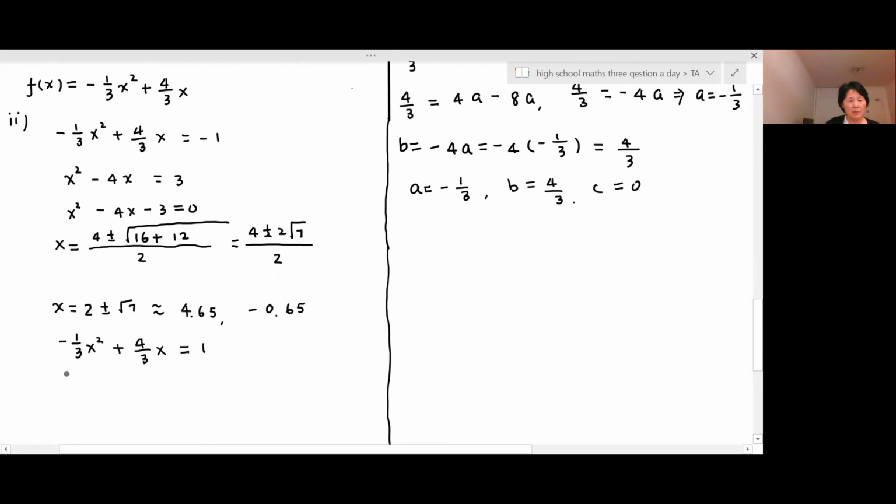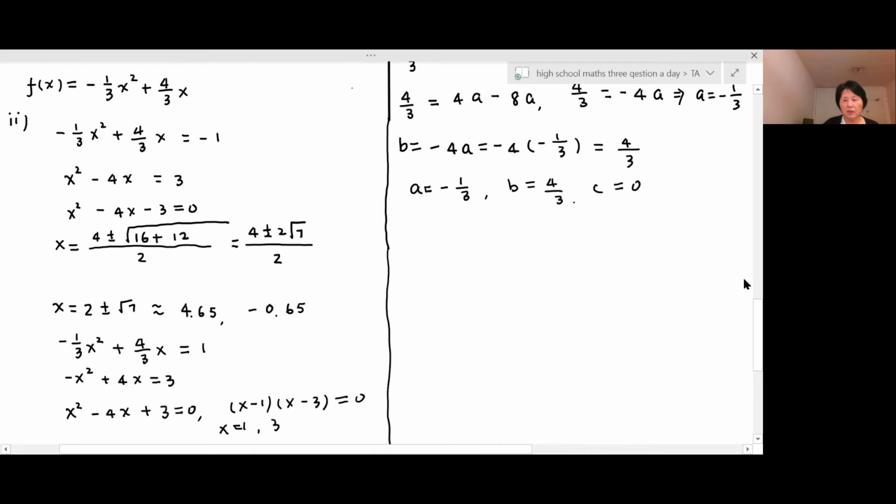So I multiply by 3: minus x squared plus 4x equal to 3. I just move everything to the right hand side. So this will give me x squared minus 4x plus 3 equal to 0. And this one I can factorize. So (x minus 1)(x minus 3) equal to 0. Okay, so x will be equal to 1 and 3.